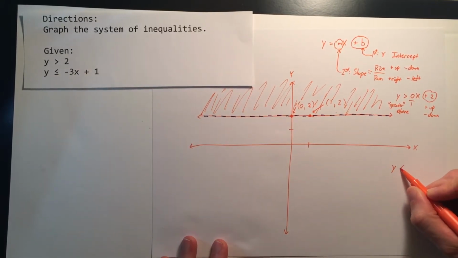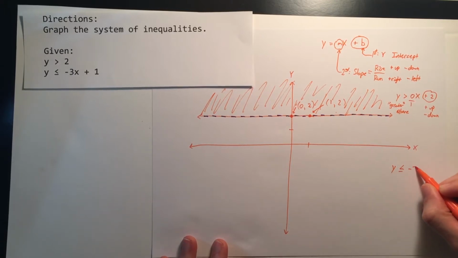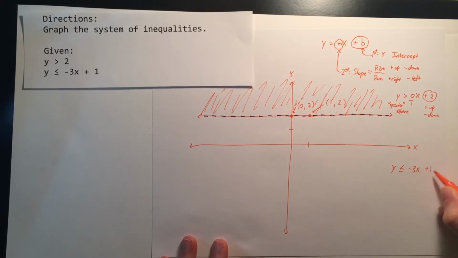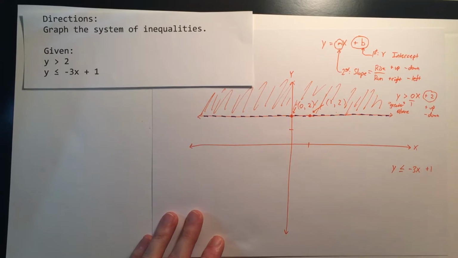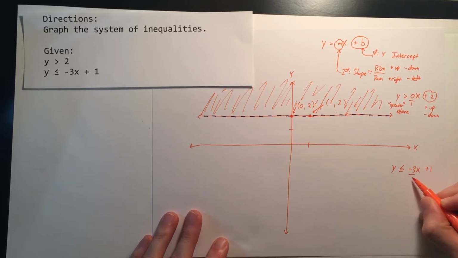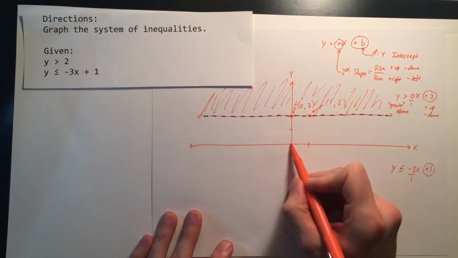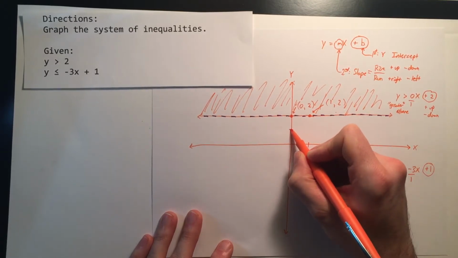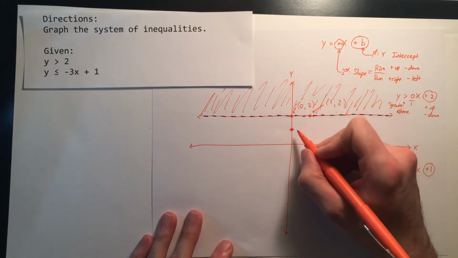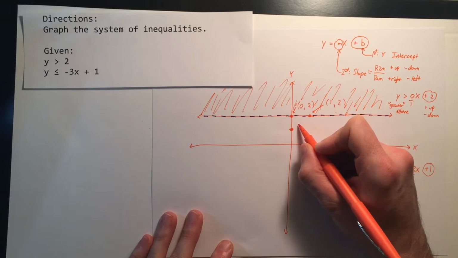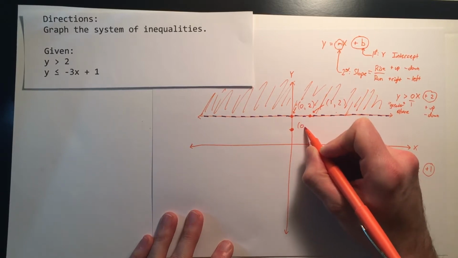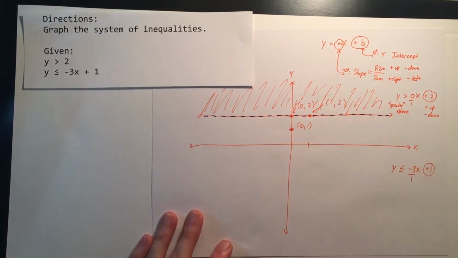Y is less than or equal to negative 3x plus 1. Okay, we're going to turn our slope into a fraction, just so we're all set there. Start with the y-intercept, positive 1. From the origin, up 1. Coordinates of that point: we haven't moved in the x direction at all, so it's 0, comma, positive 1.